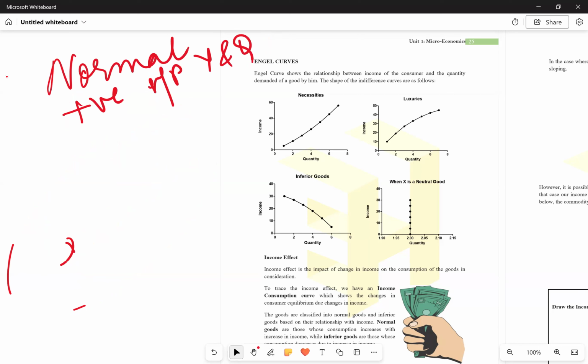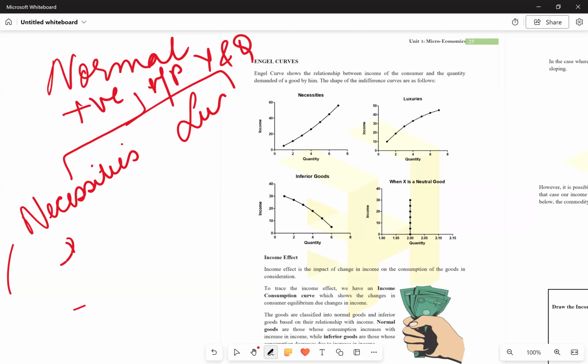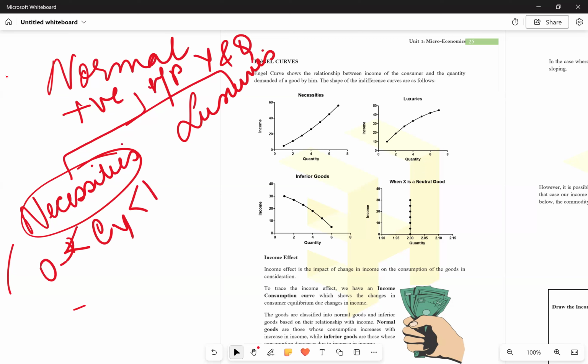But in case of normal goods also, we have two kinds of goods, that is necessities and luxuries. For necessities, in elasticity of income, we've done that the elasticity of income lies between 0 and 1. And in case of luxuries, elasticity of income is greater than 1.